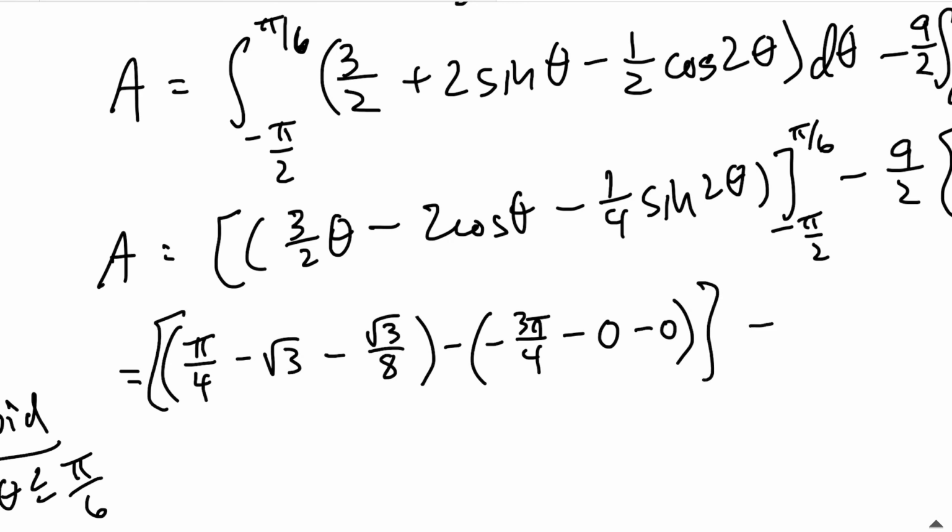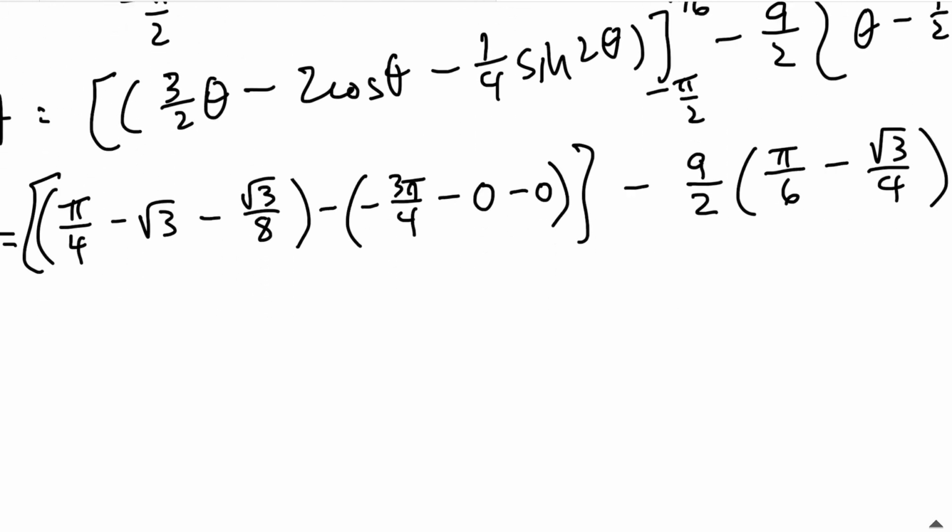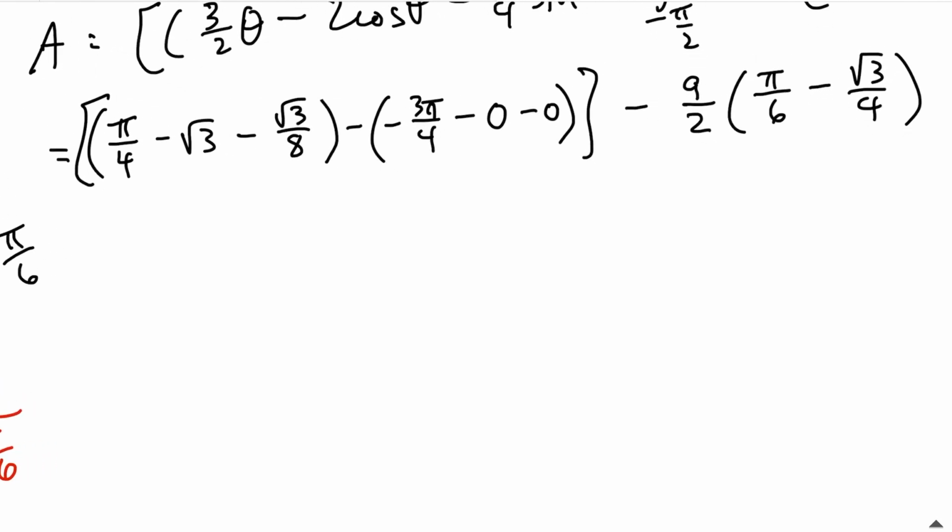And then we'll subtract from that 9 over 2, and then pi over 6 minus 1/2, so that's going to be sine of pi over 3, which is rad 3 over 4, and then minus 0. So that'll just be that. All right, so let's see what we end up with.